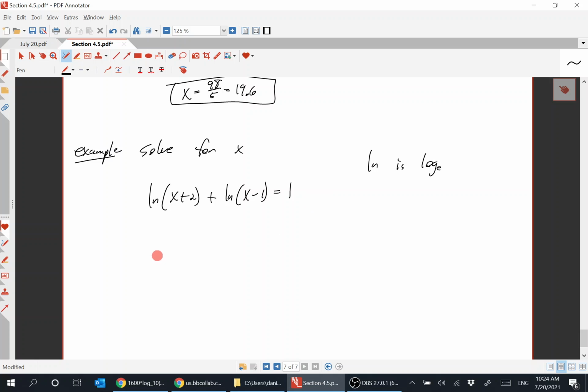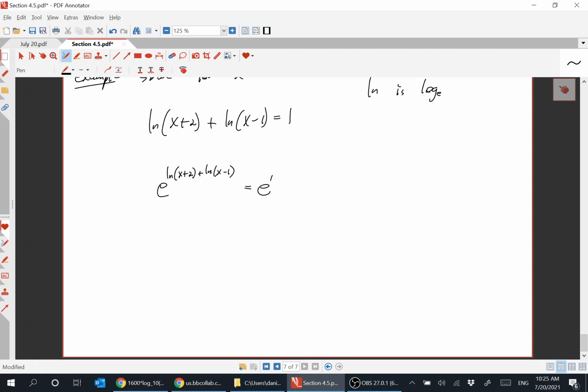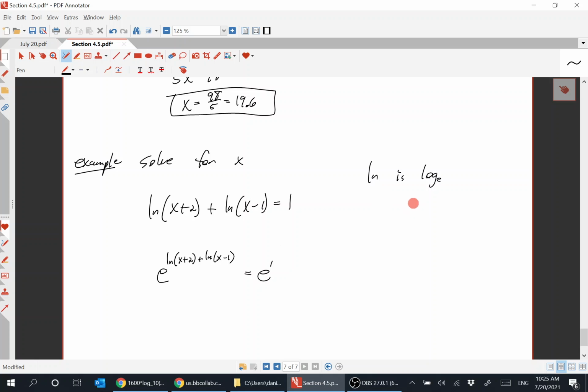So first of all, let's apply e, the exponential base e, to both sides. So log x plus 2 plus log x minus 1 equals 1, so e to the log x plus 2 plus log x minus 1 equals e to the 1. Remember also, whenever you have e to the a plus b, this is equal to what?